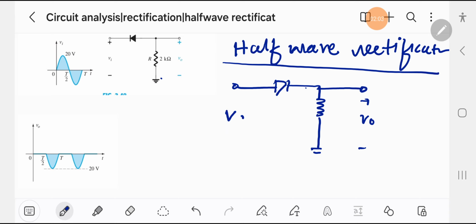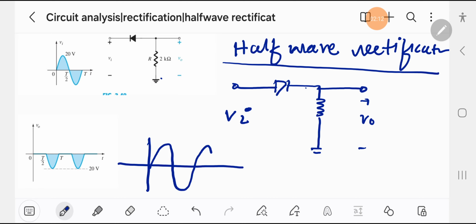So this is an input voltage. When we pass this type of signal through this circuit, what will happen to this signal? This circuit will actually remove the negative portion of the signal.